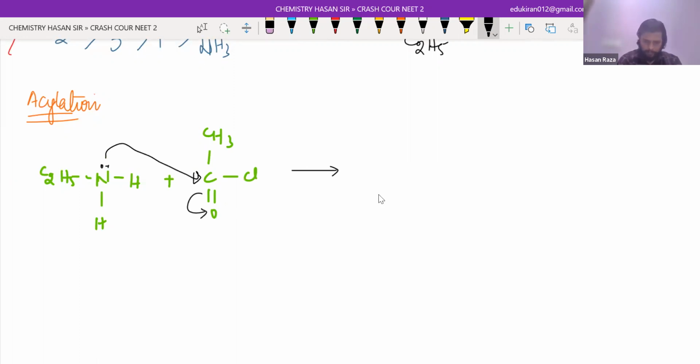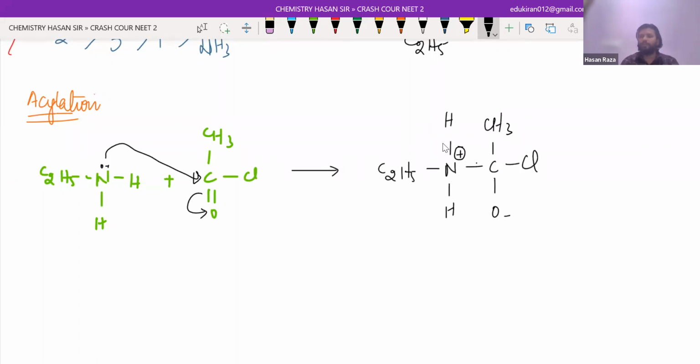And then you will be getting C2H5 and hydrogen is there also. This made a coordinate bond with this, negative on Cl, and then there is CH3, and you can see there is positive charge because it donated electron.